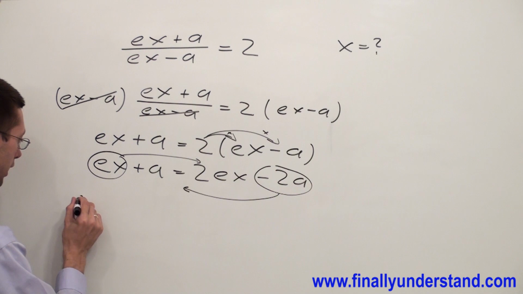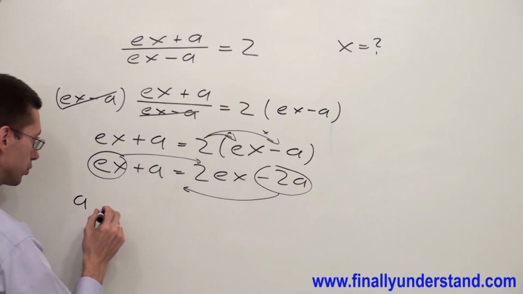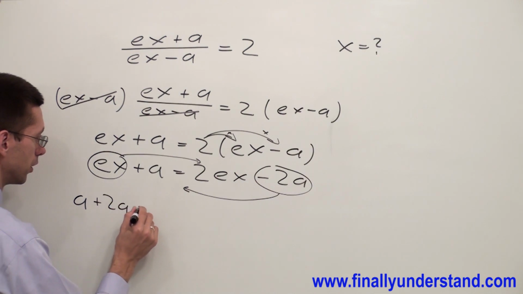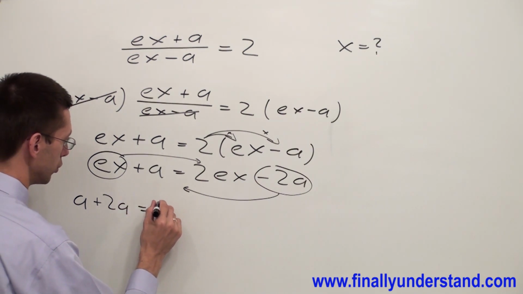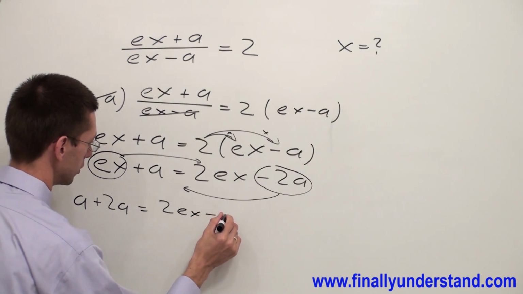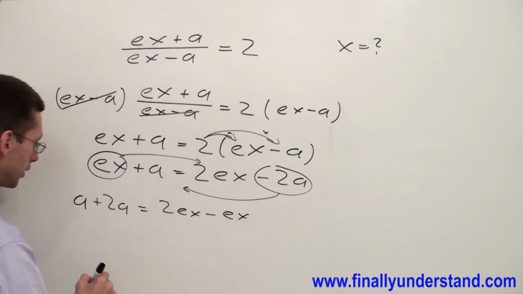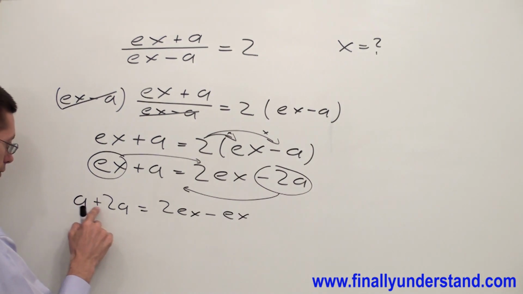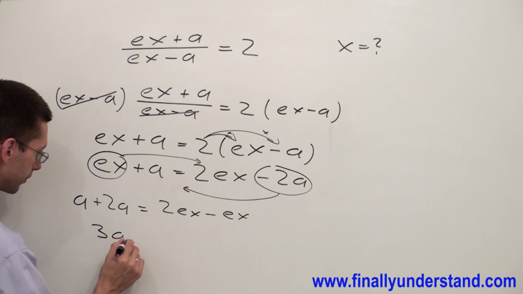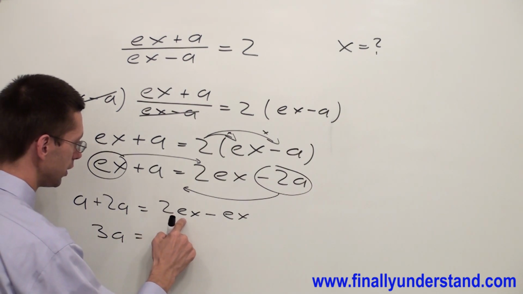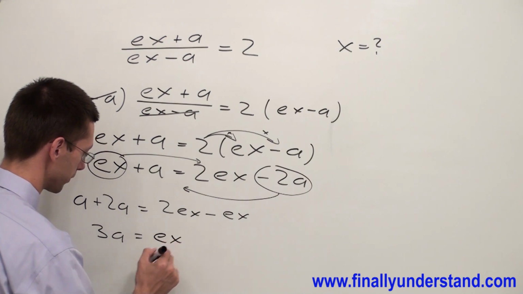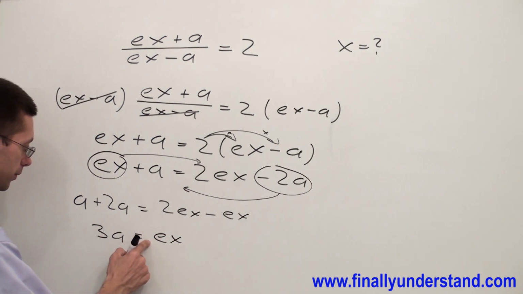That's why I'm going to have a, this negative is going to change to positive, so I'm going to have 2a equals 2ex minus ex. 2a plus a gives me 3a equals 2ex minus ex is just ex. See, I got the positive numbers over here.